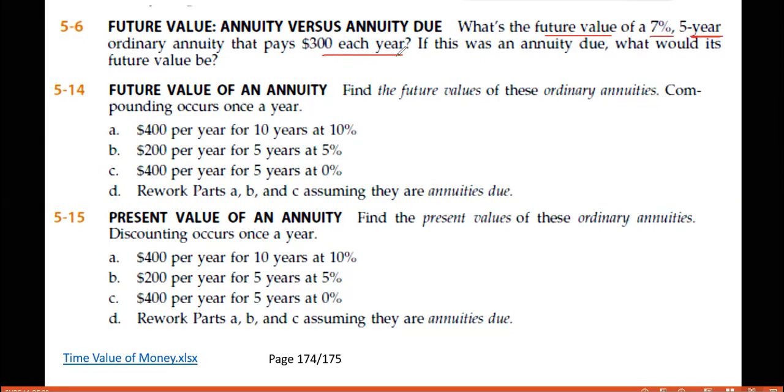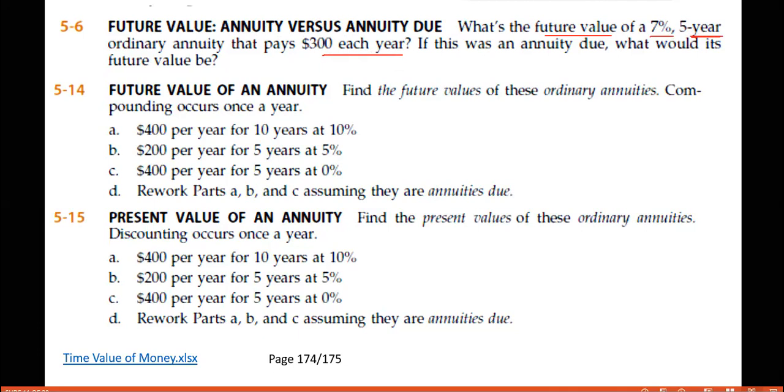Each year represents a series of payments, meaning $300 five times, so $300 has a total of 5 payments. If this was an annuity due, you will have to calculate both the ordinary annuity and the annuity due.